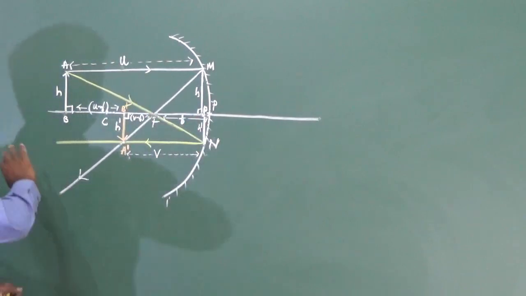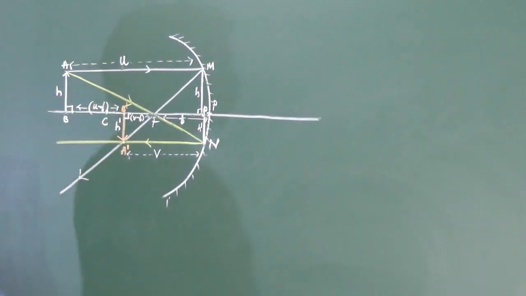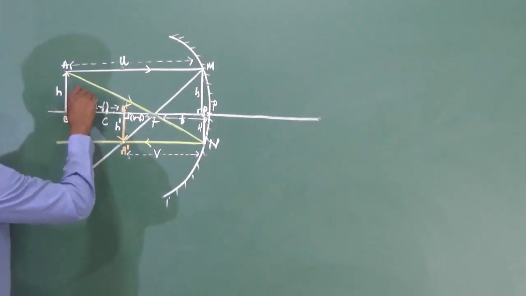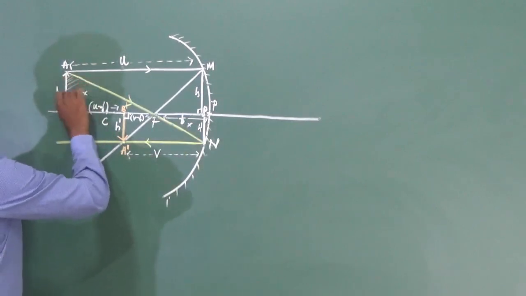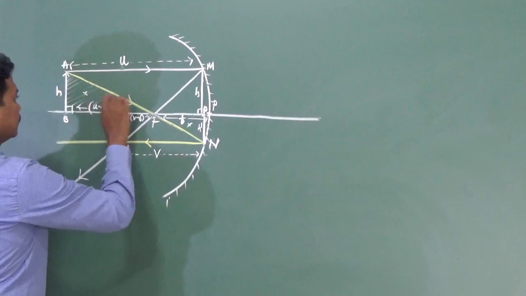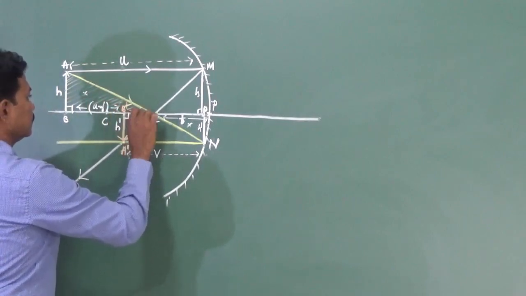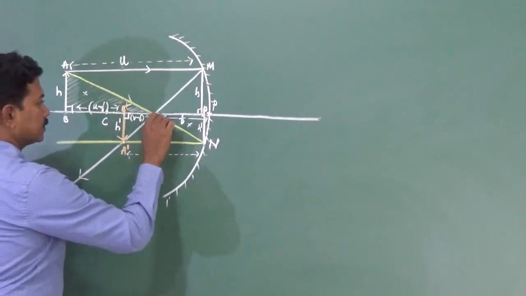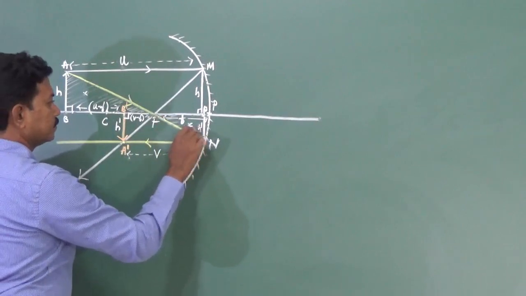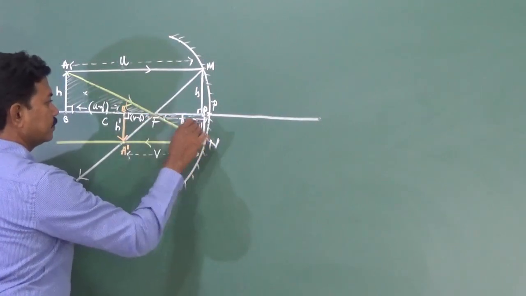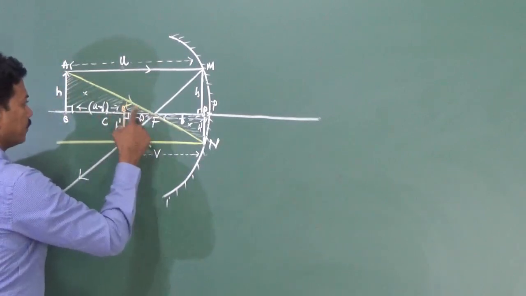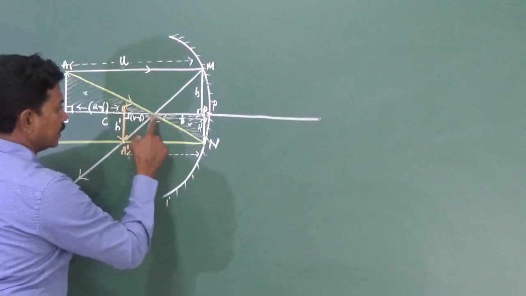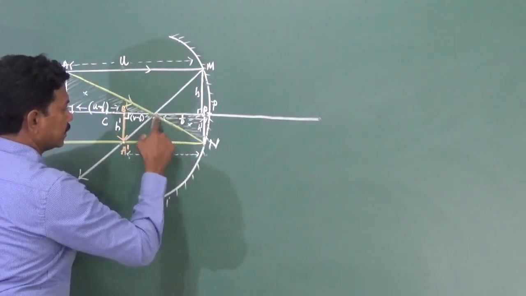Now, using all these things I have written on the board, we will consider two triangles. One is this one, another is this one. So I will name the triangles: triangle ABF, this triangle, and triangle FNP, this triangle.